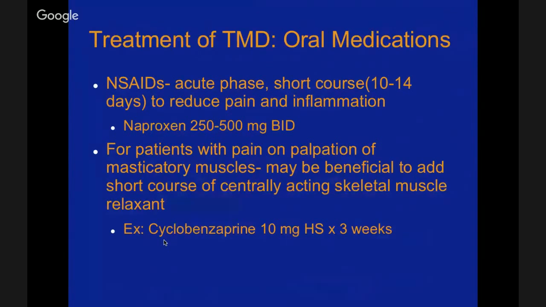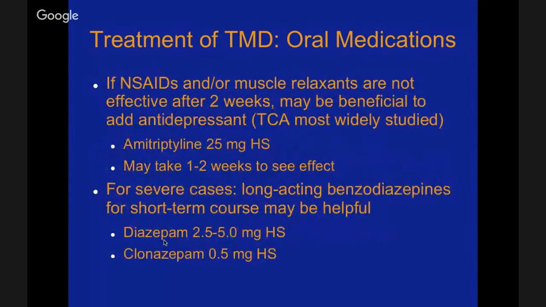For patients with pain on palpation of masticatory muscles, it's also possible to add a short course of a skeletal muscle relaxant such as cyclobenzaprine, 10 milligrams at bedtime. It may also be helpful in that acute phase to use some of the manual therapies in conjunction with the NSAIDs or muscle relaxants if it's appropriate for that patient.